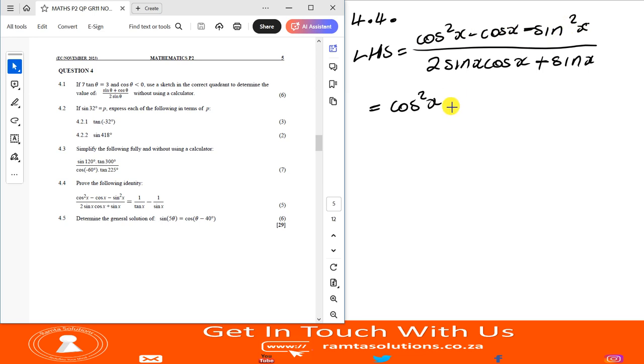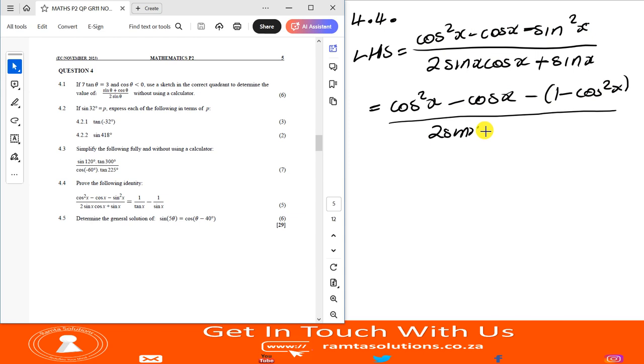So it's going to be cos square x minus cos x minus, I know sine square x is 1 minus cos square x, of course all over 2 sine x cos x plus sine x.